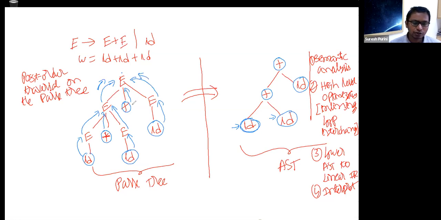They are attached to the plus node, and finally this AST will be created. This is what will be created. So you can easily imagine that given a concrete parse tree, we can write a post-order traversal routine on the parse tree, and as a result, we get an AST out of that post-order traversal.